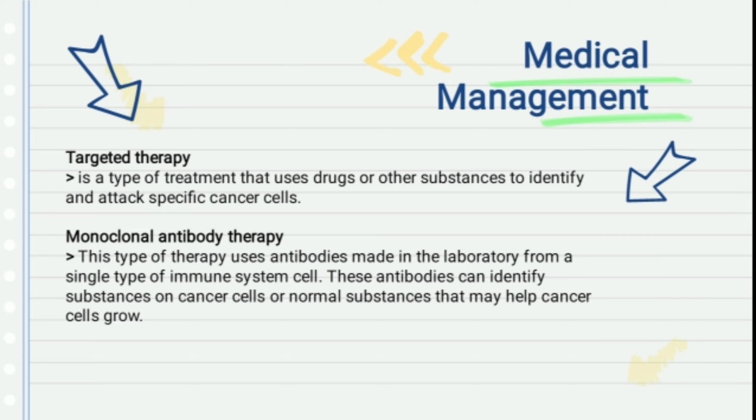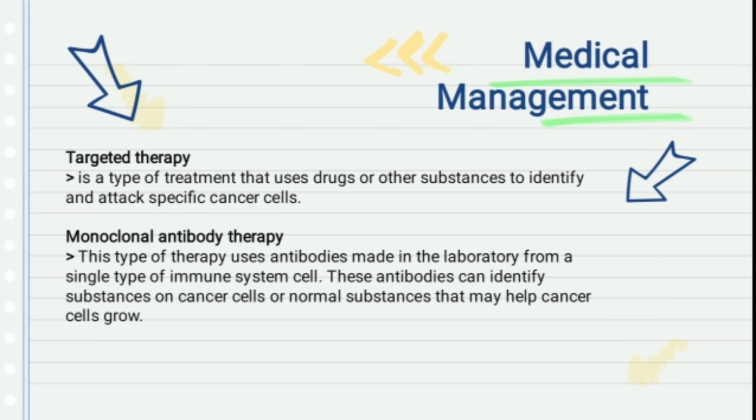Next is monoclonal antibody therapy. This type of therapy uses antibodies made in the laboratory from a single type of immune system. These antibodies can identify substances in cancer cells or normal substances that may help cancer cells grow.